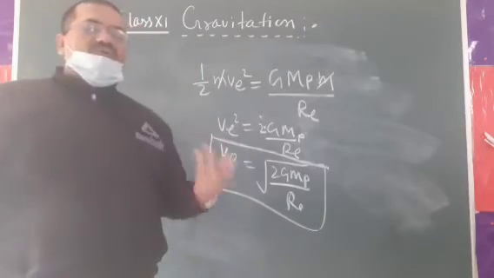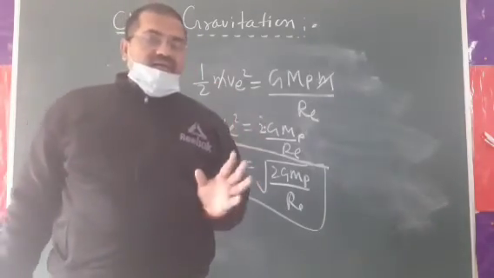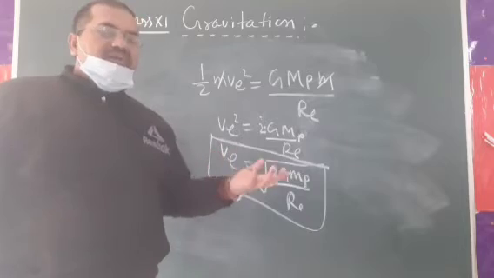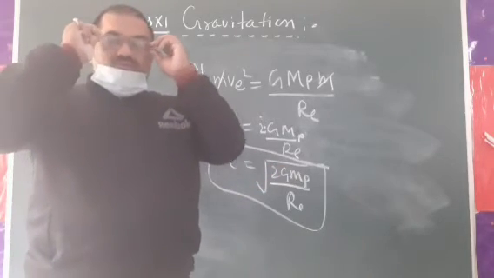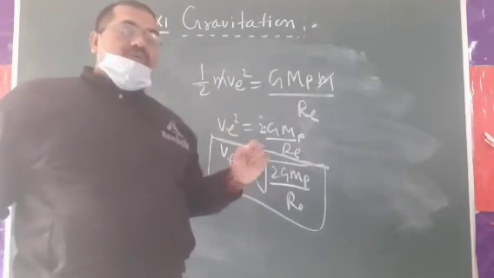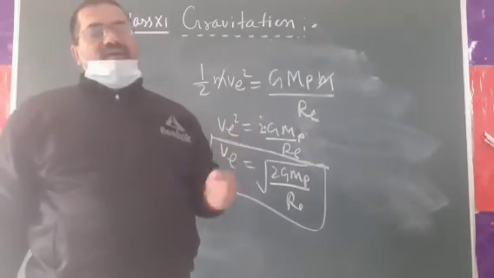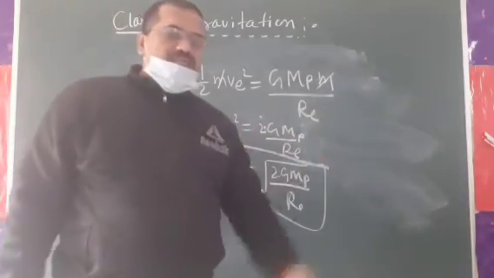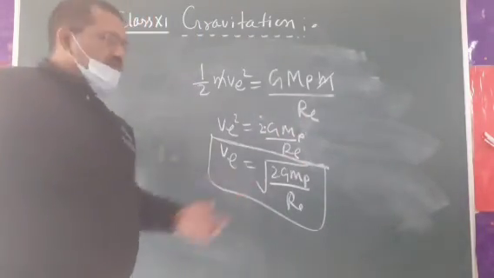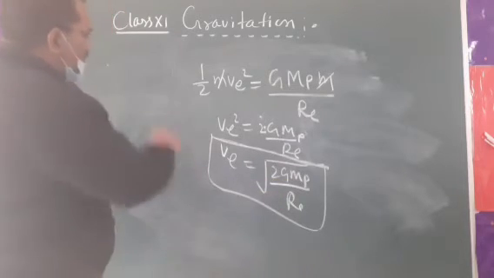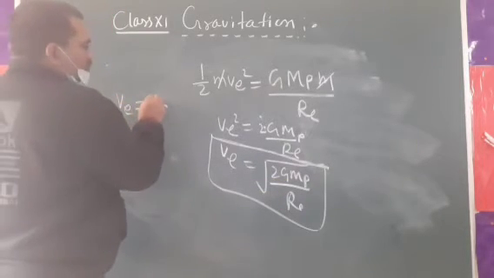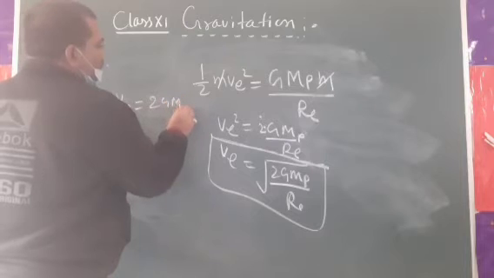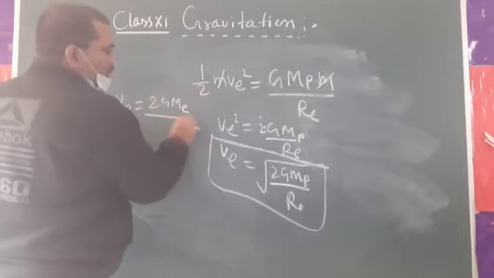Escape velocity is constant for a given planet, but it is different for different planets. So you can find out the escape velocity of Earth. Same, you can find out escape velocity of Moon. So for escape velocity of Earth, the planet will be Earth. So you can write escape velocity of Earth equals root 2 G M_E by R_E.